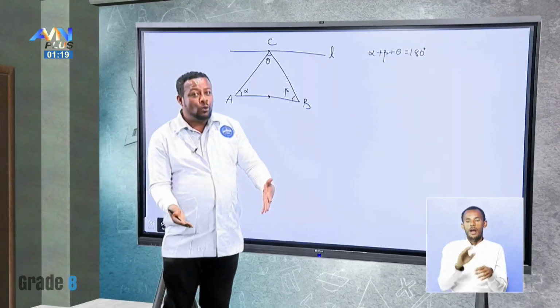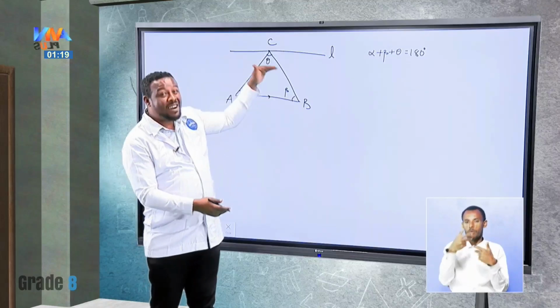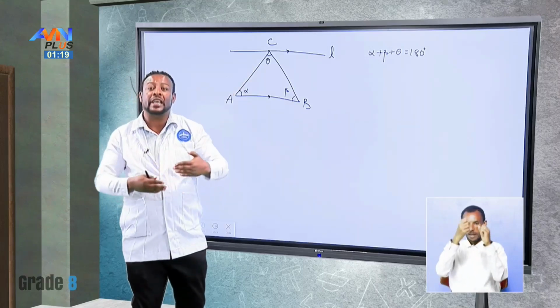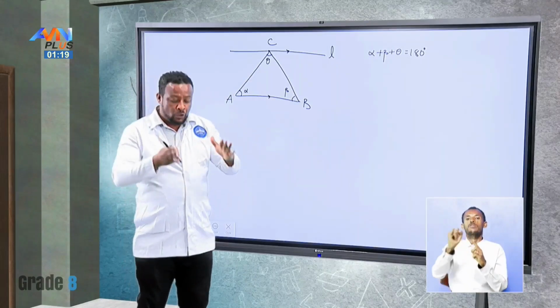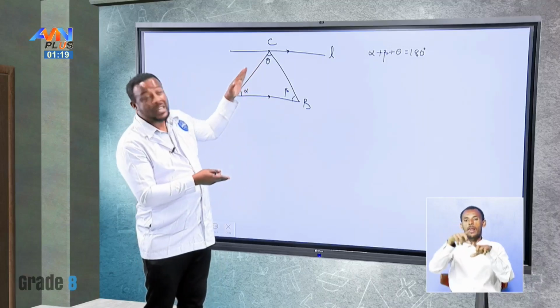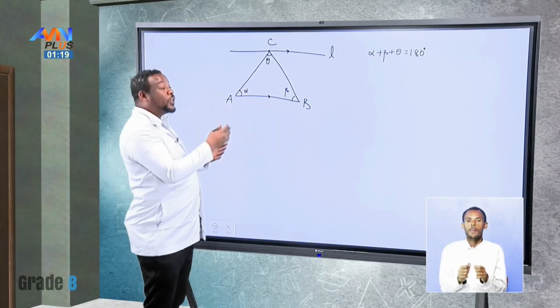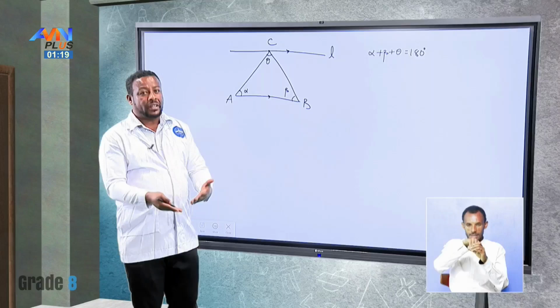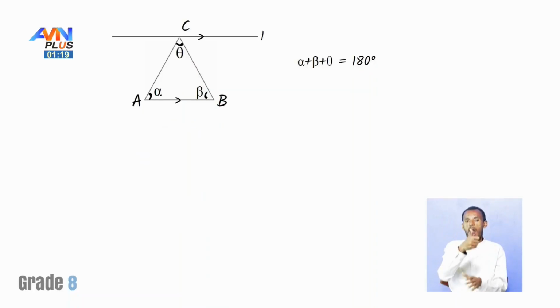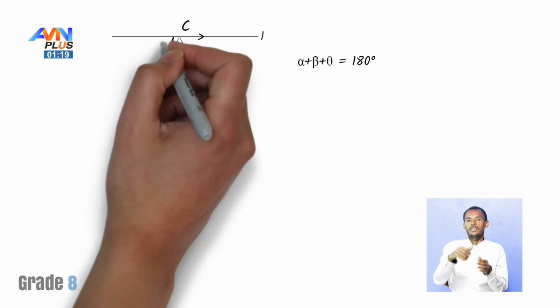As you all know, if you have parallel lines and a transversal line, here AC can be considered as a transversal line, okay? For parallel lines and a transversal, the alternate interior angles are congruent. That means if this is alpha, this should be alpha, right?